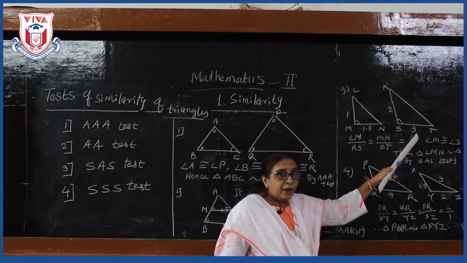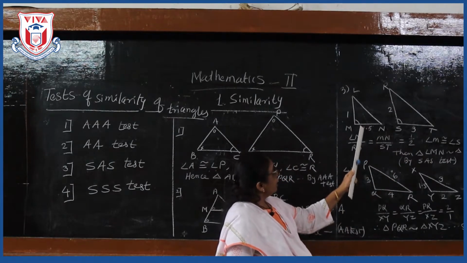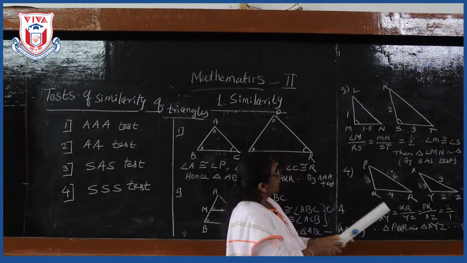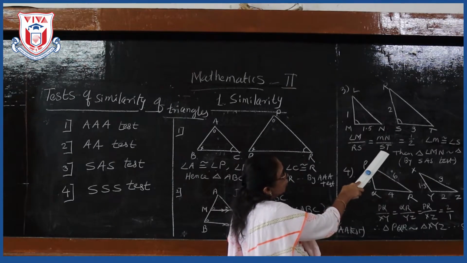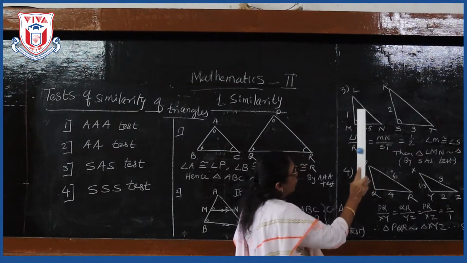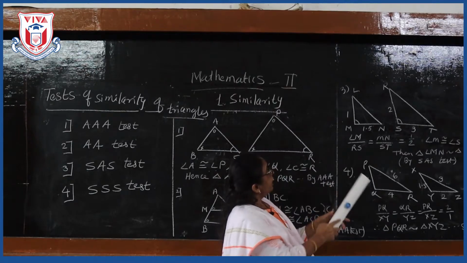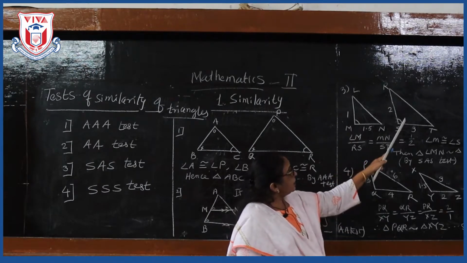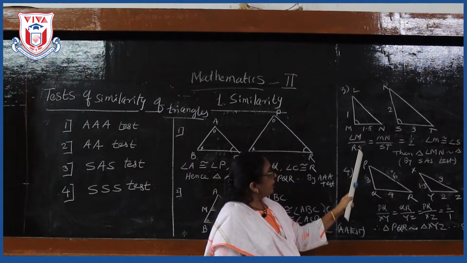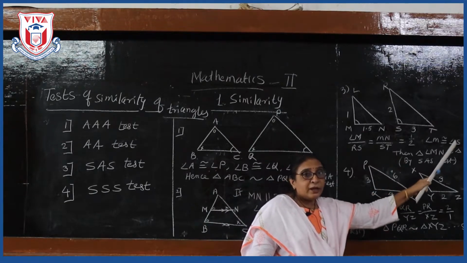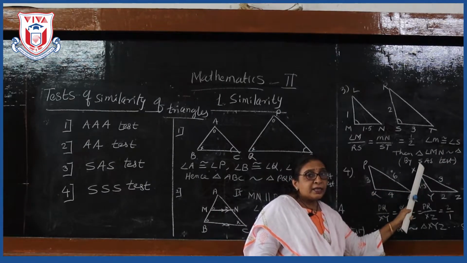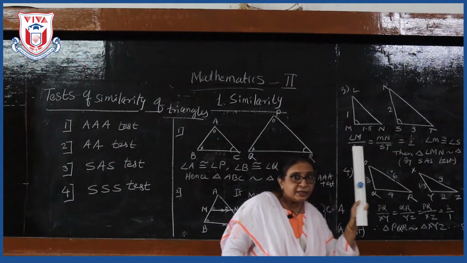If we simplify it, you will get 1 upon 2 only. That means the ratio of two corresponding sides is 1 upon 2. The angles included between these corresponding sides, M and S, are congruent, and then we can say that the two triangles are similar by side test.